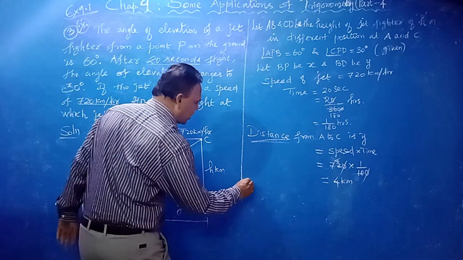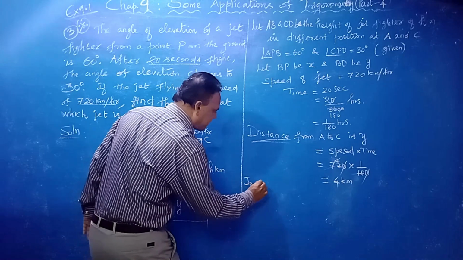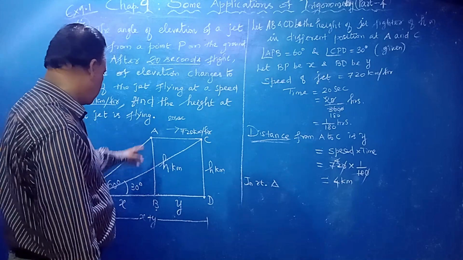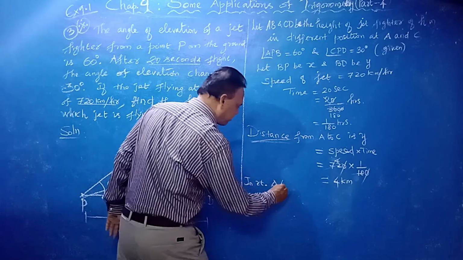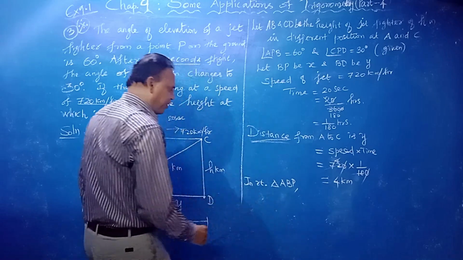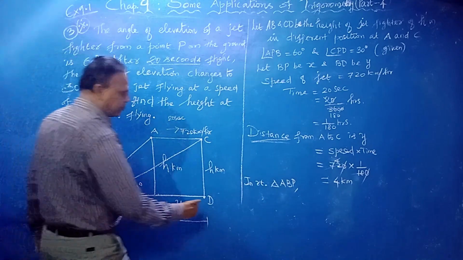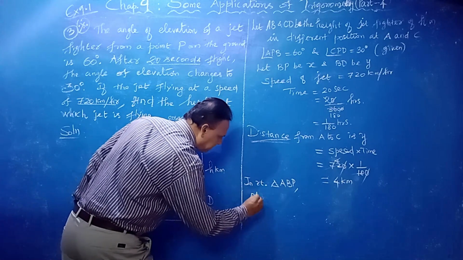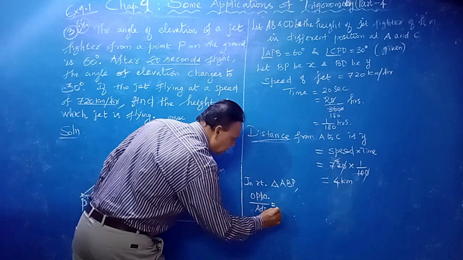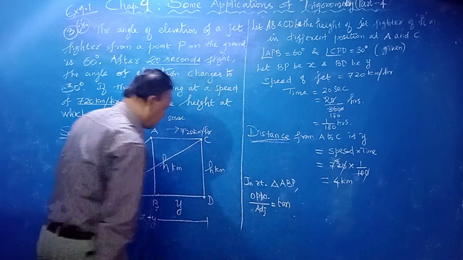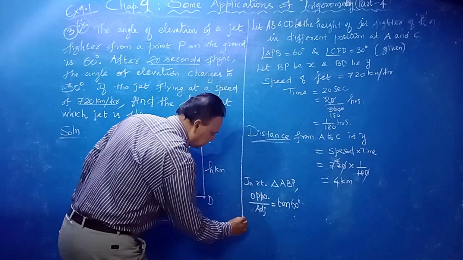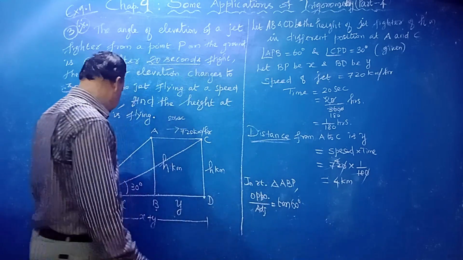Now we take right triangle ABP. Opposite side by adjacent side is equal to tan 60.